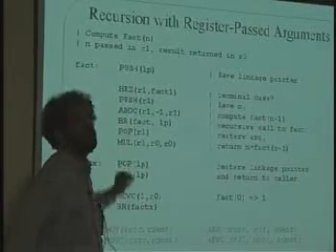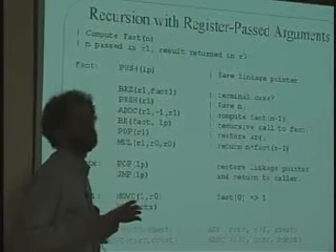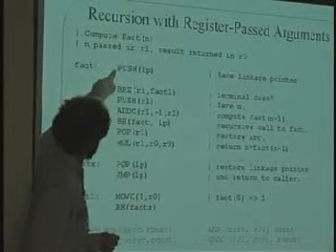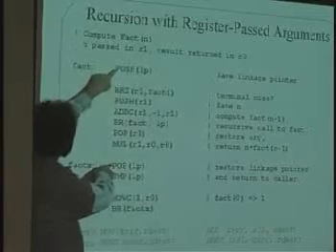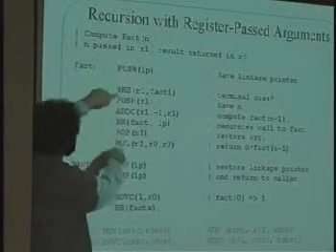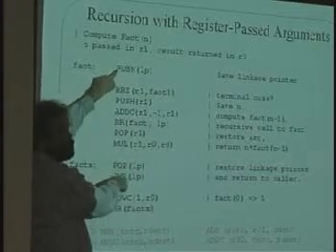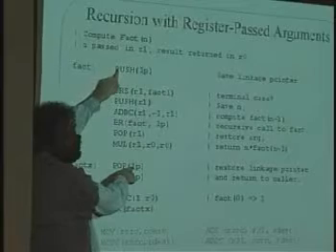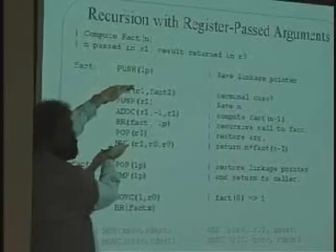That will get us out of the problem that if fact calls itself, it destroys the information as to where to go back to. So here's push of LP, and here's pop of LP. This safeguards the fact that LP may get destroyed in the middle, so that when we jump back to whoever called us, we're jumping back to the LP that got saved here. And so that's great. Now we're free in this code to smash LP as much as we want.